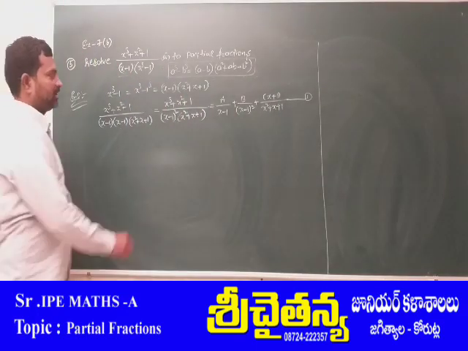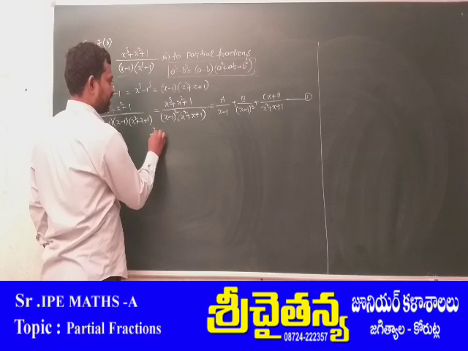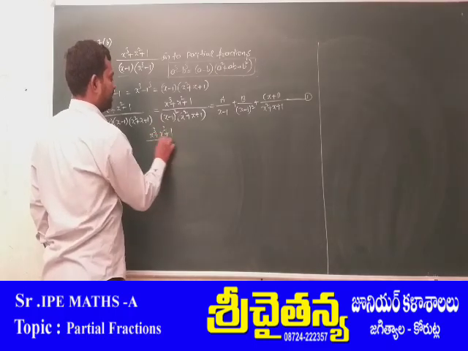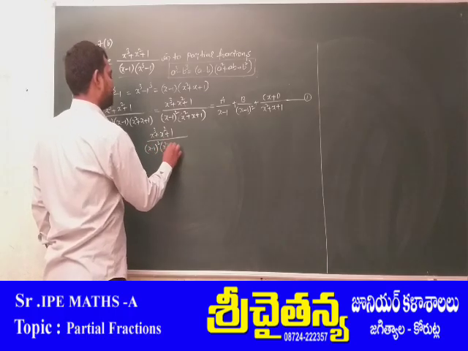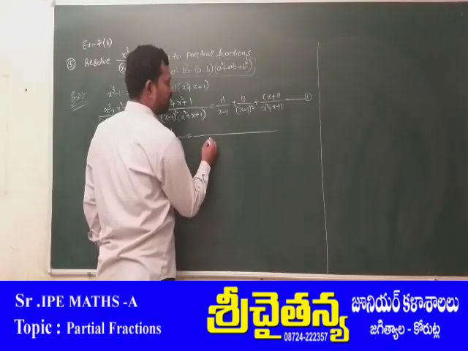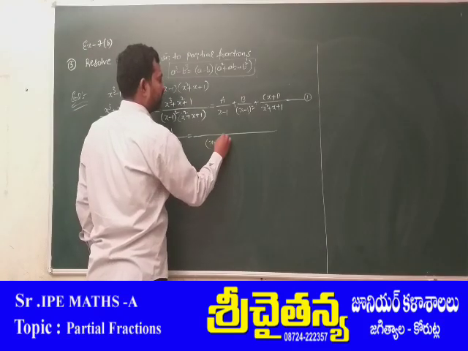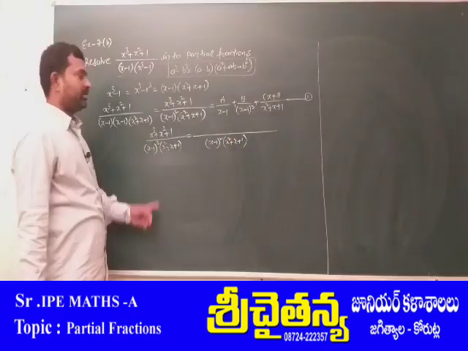Now simplify: x cube plus x square plus 1 by x minus 1 whole square and x square plus x plus 1 equals, taking the common denominator, x minus 1 whole square into x square plus x plus 1. So which will cancel here?